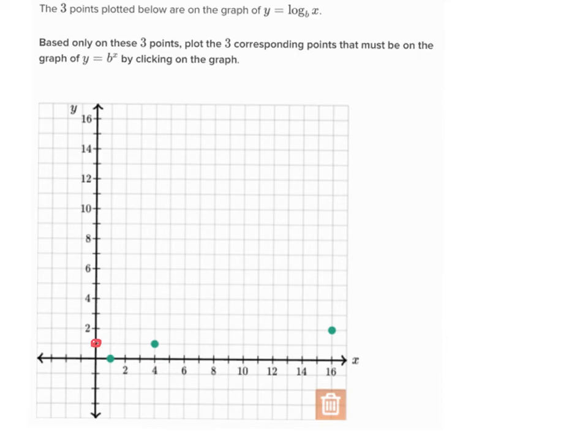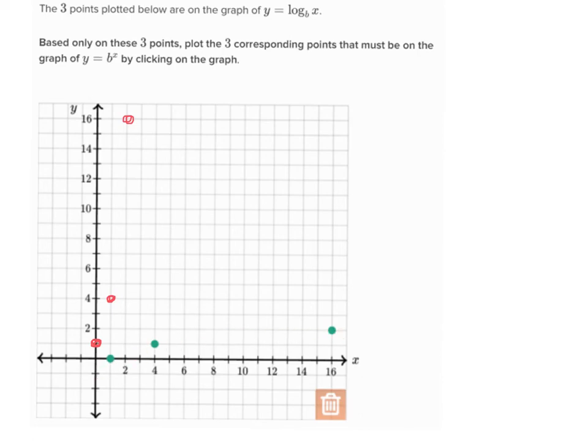Well, the inverse of that's going to be up 4 and right 1. So I need a point right here. And then this point over here, 16, it's right 16 and up 2. Well, the inverse of that would be up 16 and right 2.